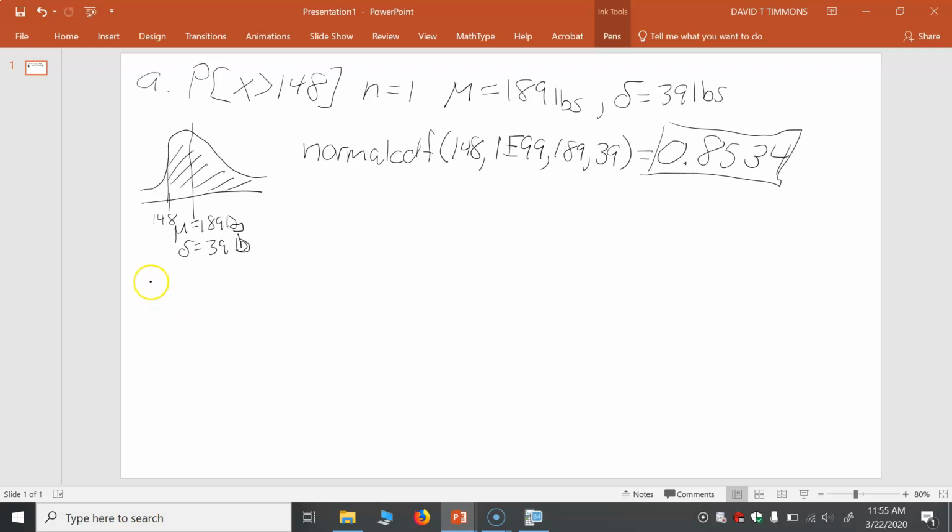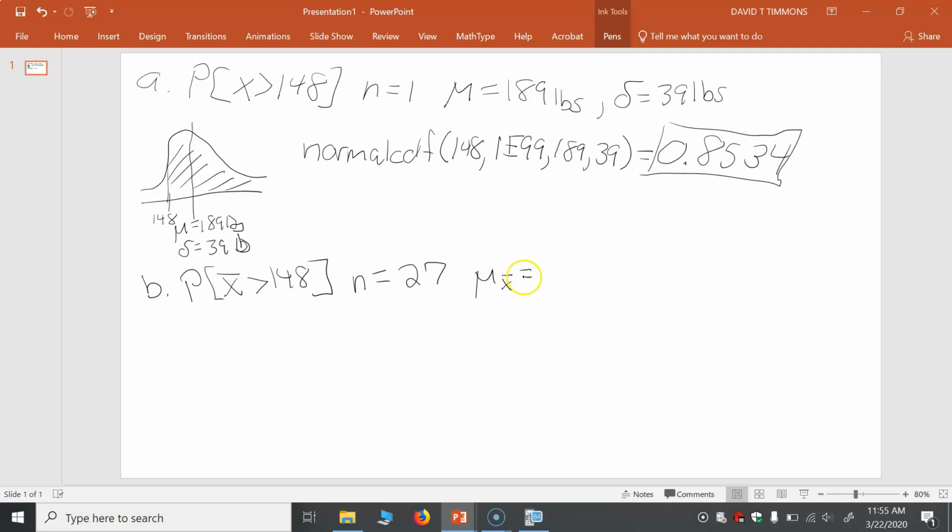Now, in part B, we want the probability that a sample mean, x bar, would be greater than 148. But now, n equals 27 in this case. The sample size has changed. So one thing, I'll just write it here.